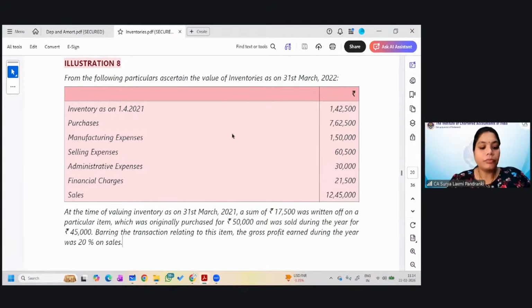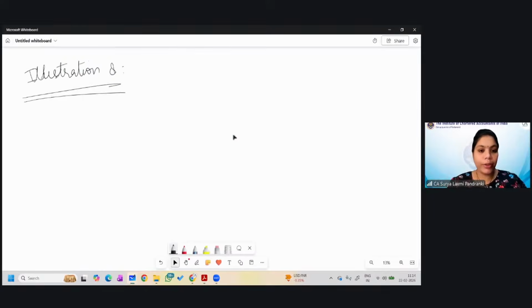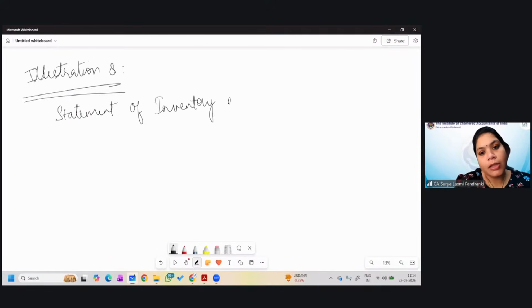So like I told you, we are going to do it in a tabular format and not the trading account format, because that is what generally we have to follow for calculating the value of inventory. We are going to do this as on 31st March 2022.